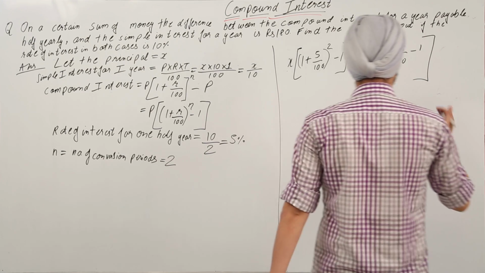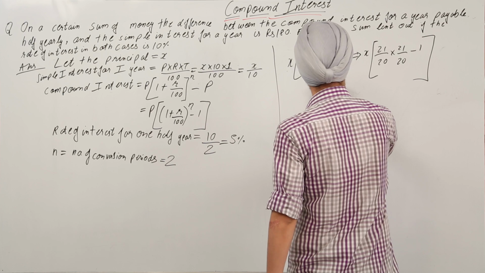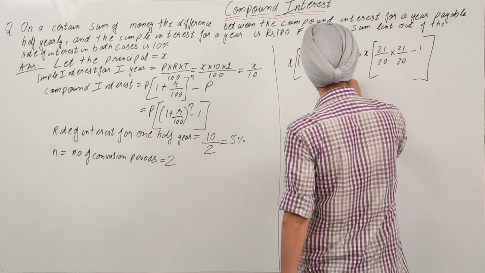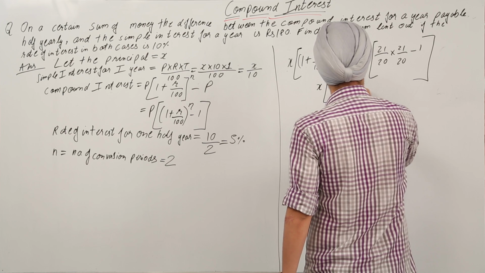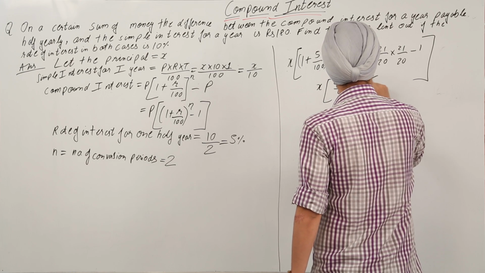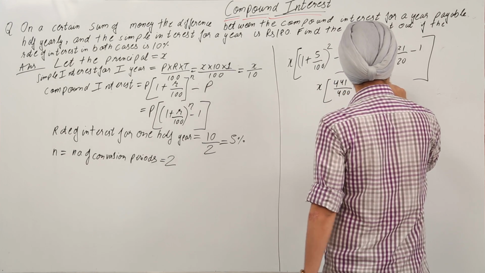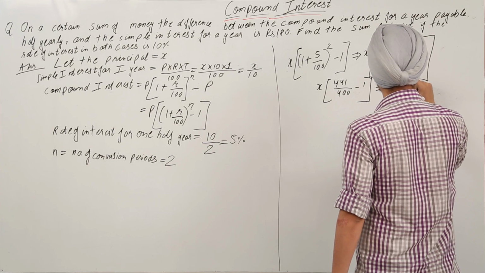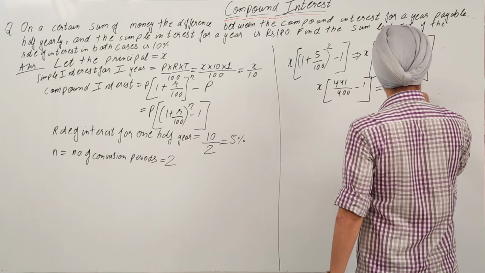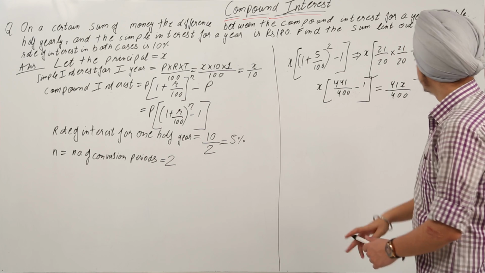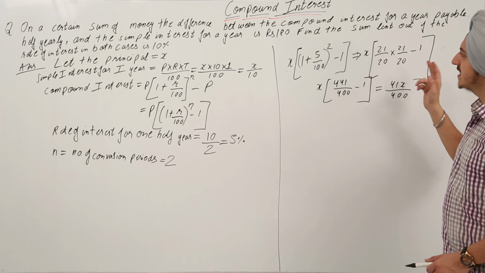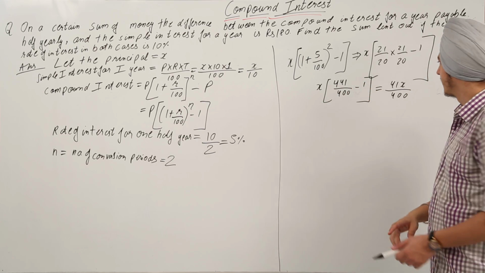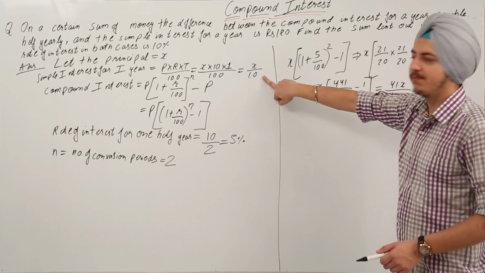This is again equal to x into (441 upon 400 minus 1), which is equal to 41x upon 400. So this is the compound interest if the interest is compounded half yearly, and this is the simple interest.